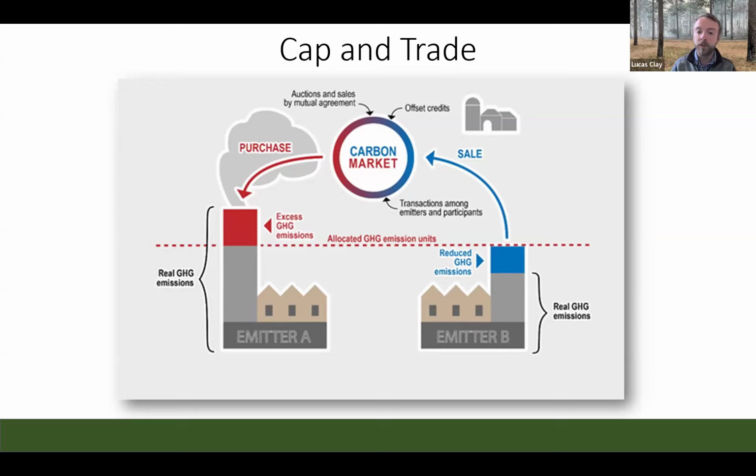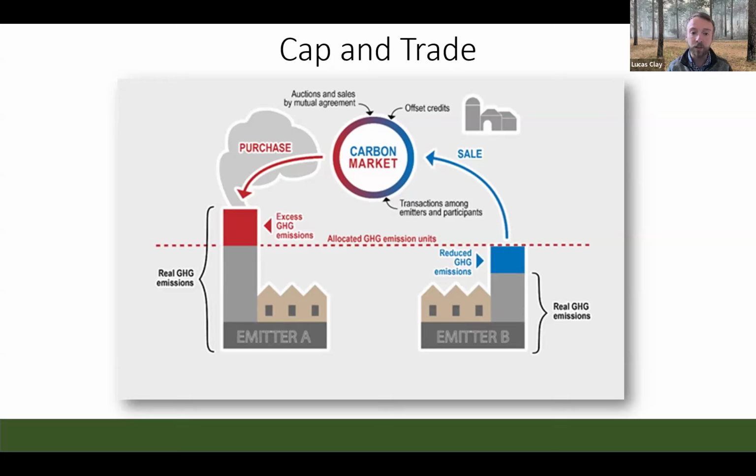Their emissions are capped at the red dotted line through the middle of this image. But emitter A is emitting more than that dotted line, and emitter B is emitting less. So emitter A is going to need to purchase either allowances or offset credits to offset their excess GHG emissions, whereas emitter B can sell allowances to emitter A.